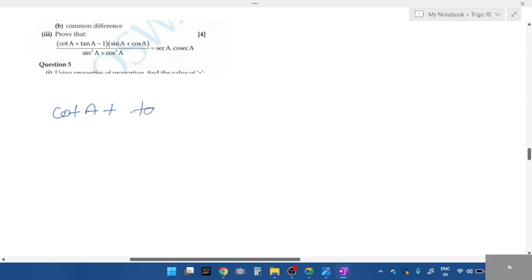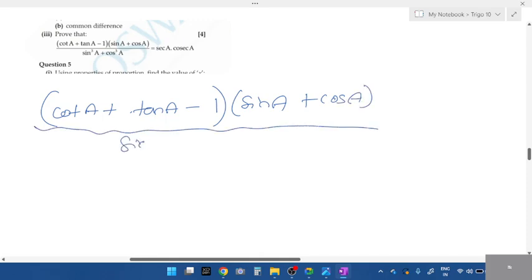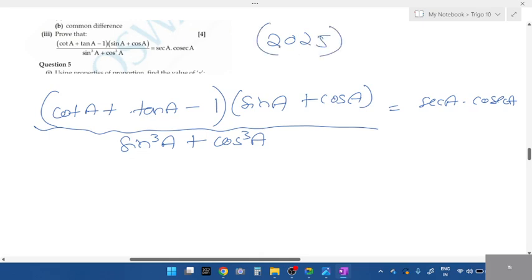Cot A plus tan A minus 1, I had given it for last week's test, divided by sin A plus cos A, divided by sin cube A plus cos cube A, is equal to sec A into cosec A. Write it as 2025. 4 marks question. Shall we start solving?